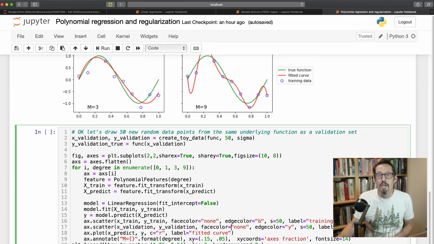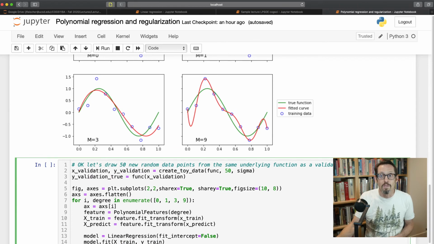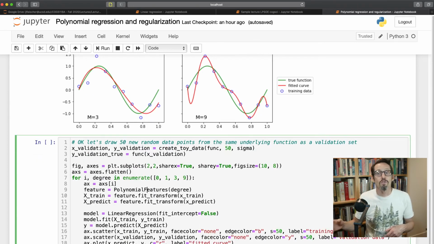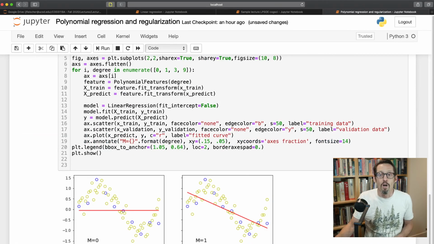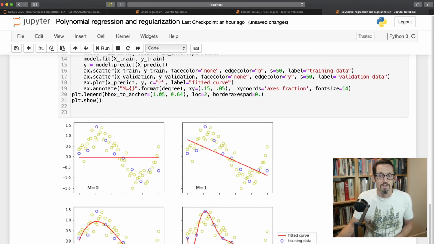So now we can take these exact same training data set, the exact same polynomials, and now we can draw 50 new samples from the same sinusoid corrupted by noise. So we're going to call these validation, okay? Validation sample, validation set. And you can see here in the yellow are these new 50 draws from the same sinusoid plus noise.